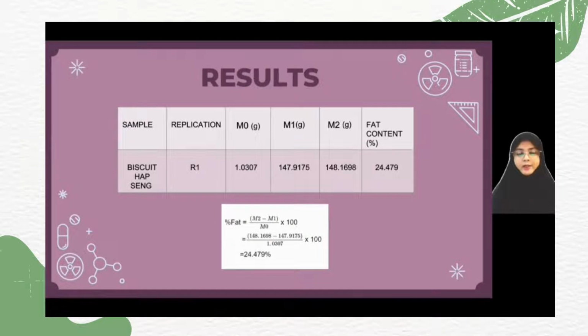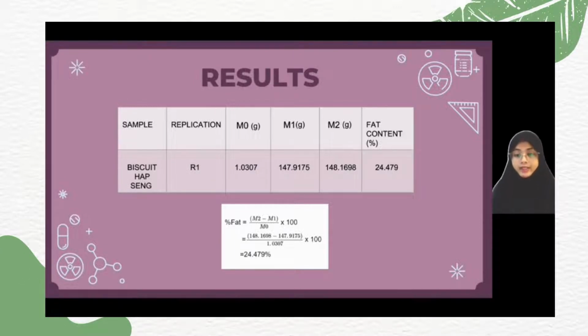Next, I will present about the result. So this is our result from our sample. The first sample we have is Hapsen biscuit, and we class it as R1, which is replicate 1. We have M0, which is the weight of the biscuit, 1.0307 gram.